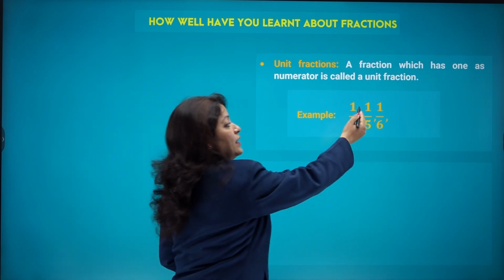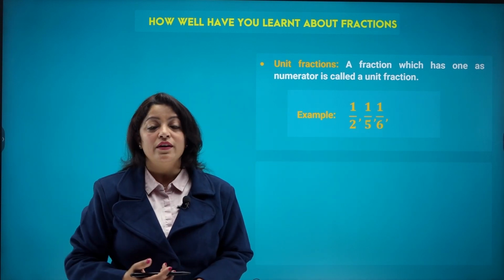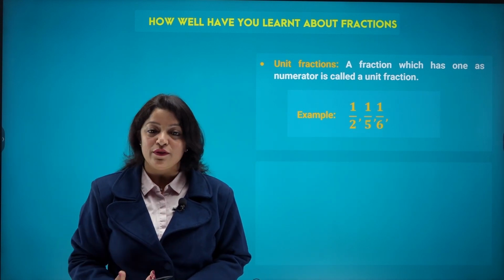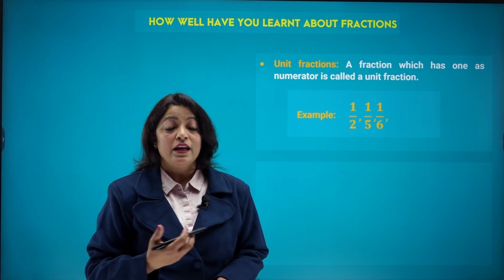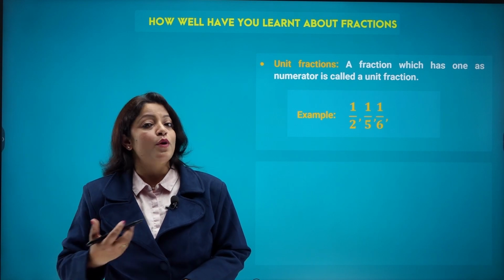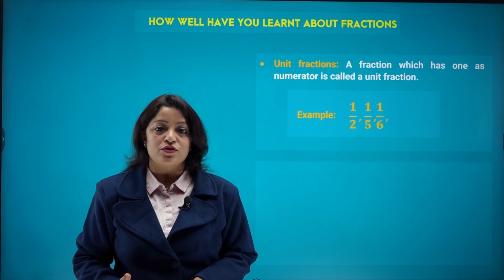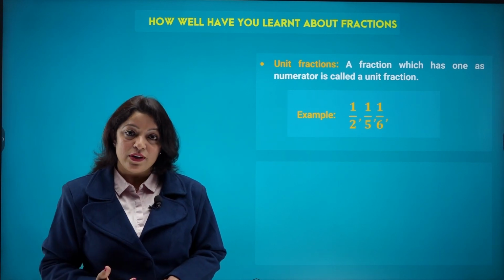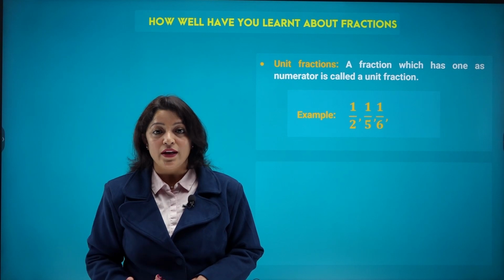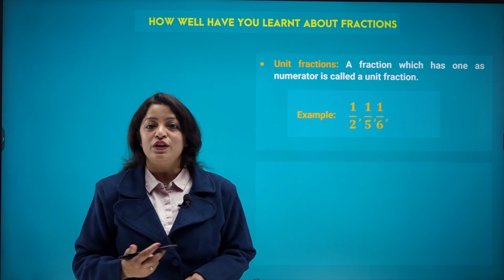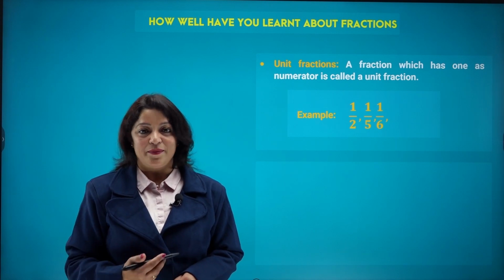If 1 is divided in 5 parts, then each part is called 1 over 5, and the same with 1 over 6. So again, you can relate this with a proper fraction. They are all examples of proper fractions also. But especially if in a proper fraction the numerator is 1, then it becomes a unit fraction. Again, it will also be smaller than 1.